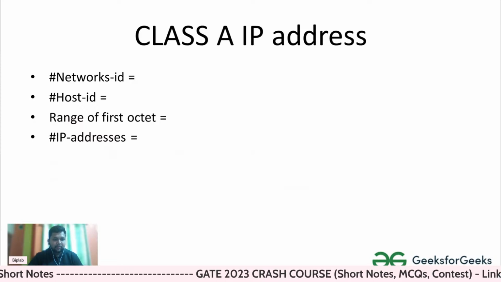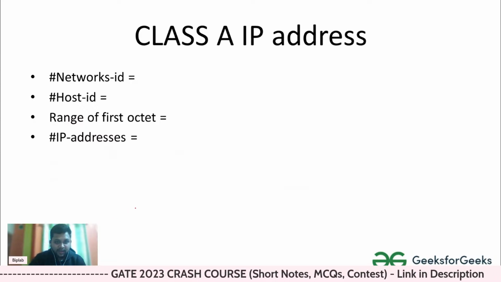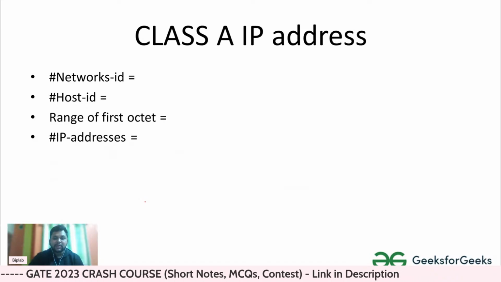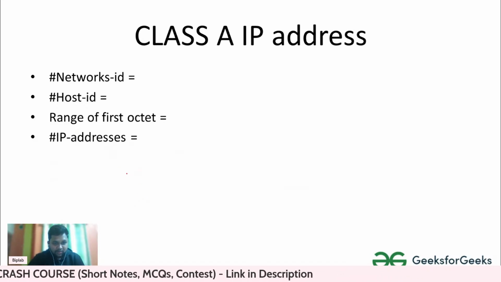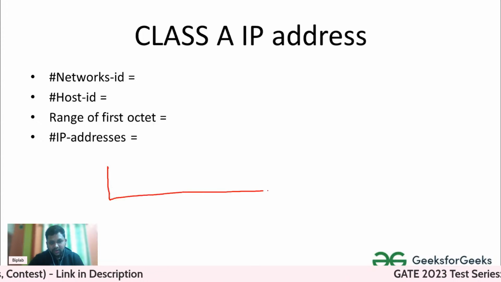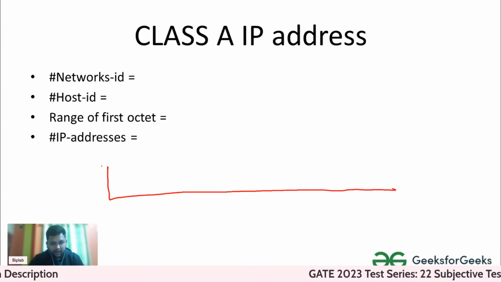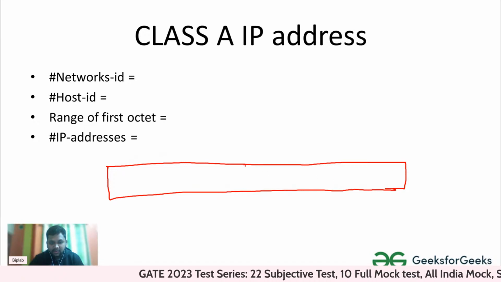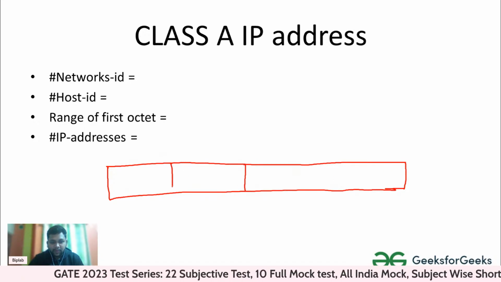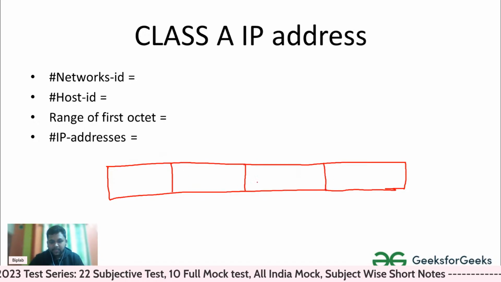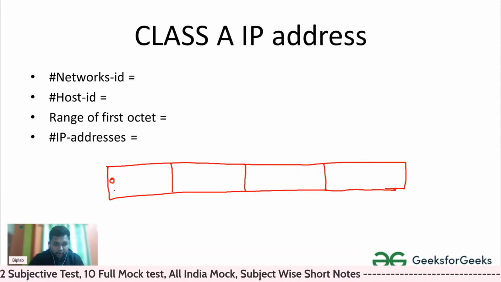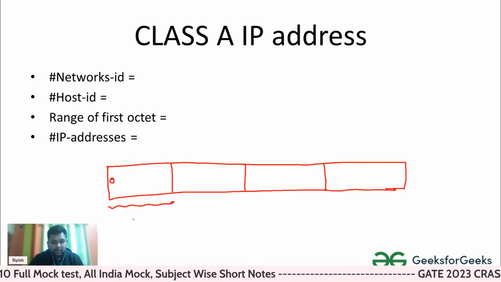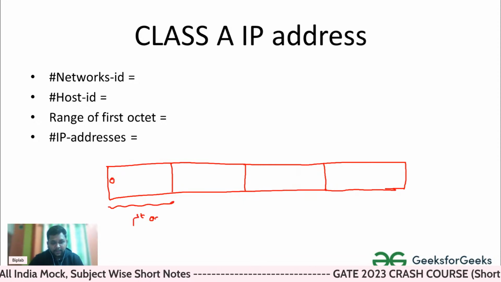So now let's understand class by class in detail. For class A, let's again draw that architecture. You have the whole IP address divided into parts, and this is your first octet.